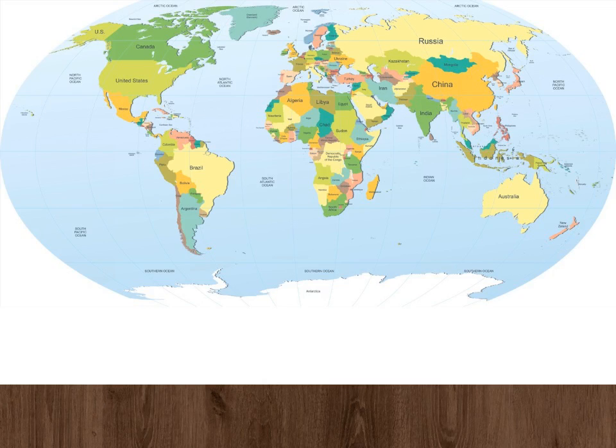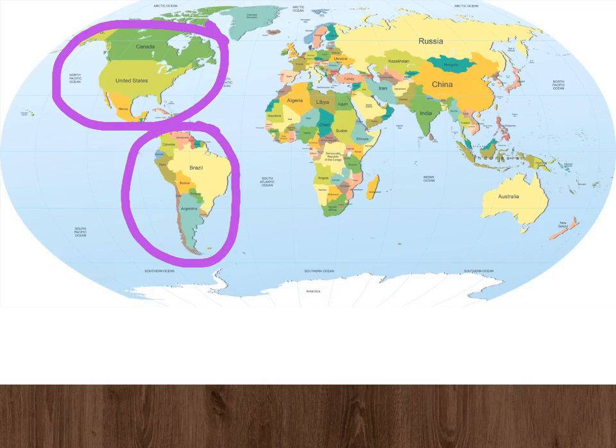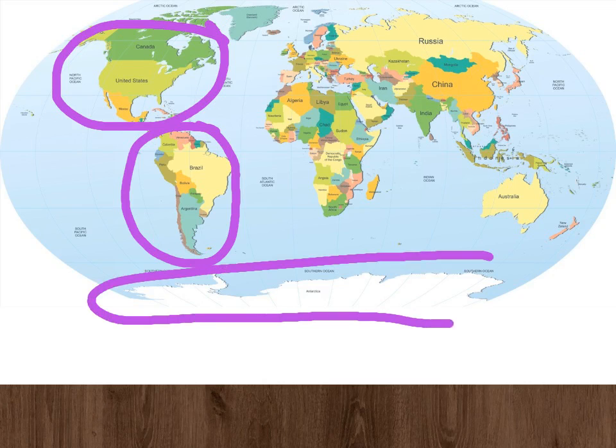So here's a map of the world. Giant world map here. And our world is divided by the different continents. So you have North America, and you have South America. You have Antarctica.